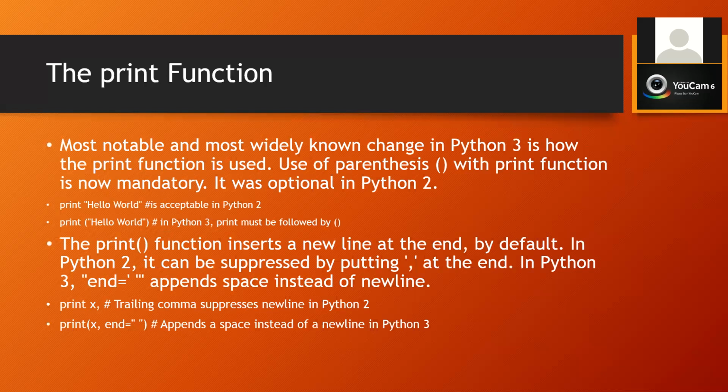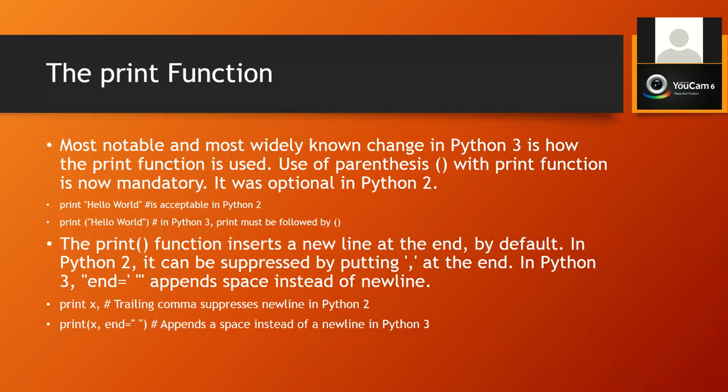It was optional in Python 2, whether you put them or not. Second, the print function inserts a new line at the end by default in Python 2, but it can be suppressed by putting a comma at the end. In Python 3, it is end equals.